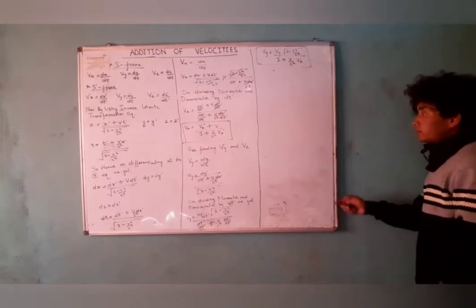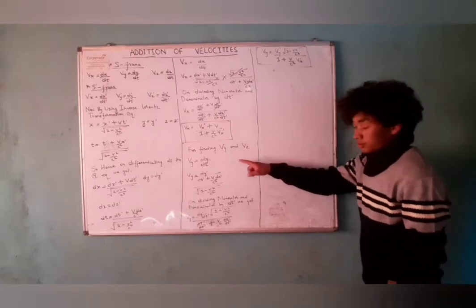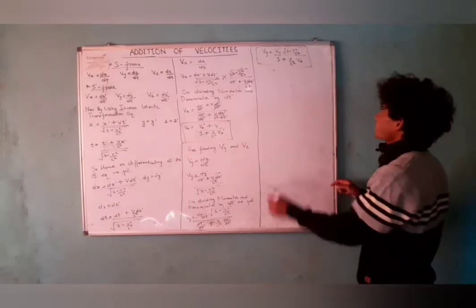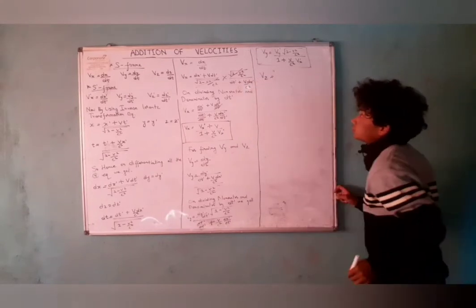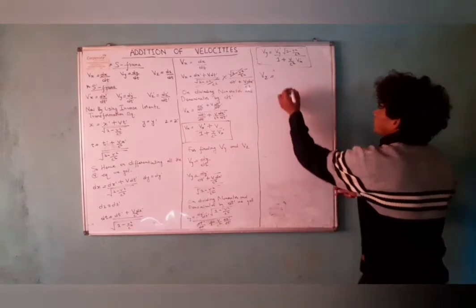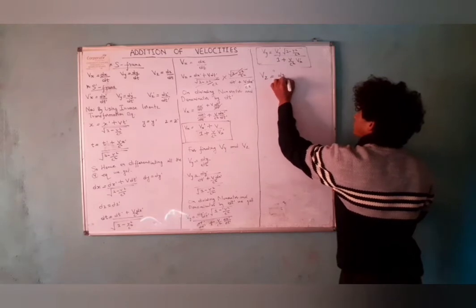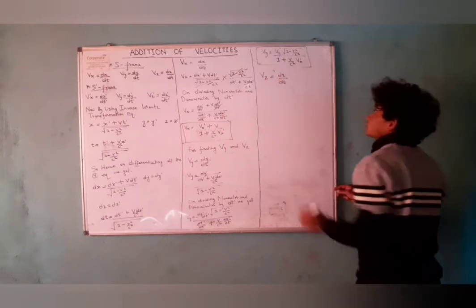So similarly now for vz. Vz equals to dz by dt.